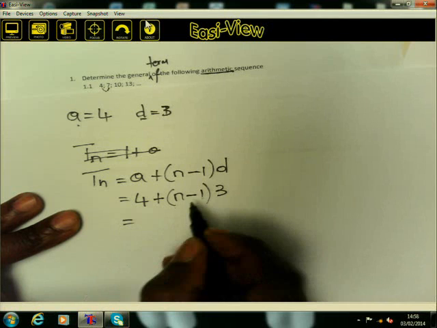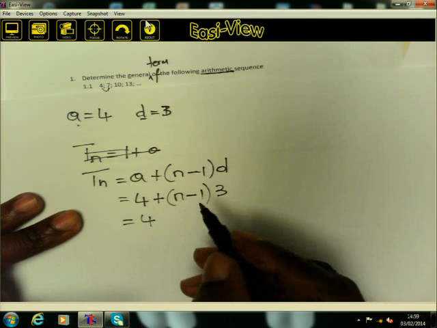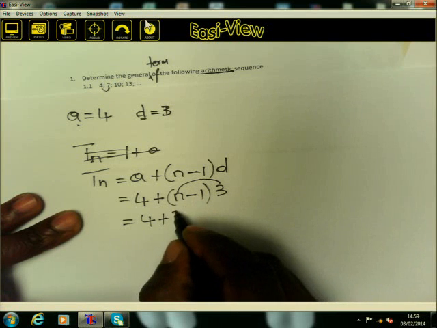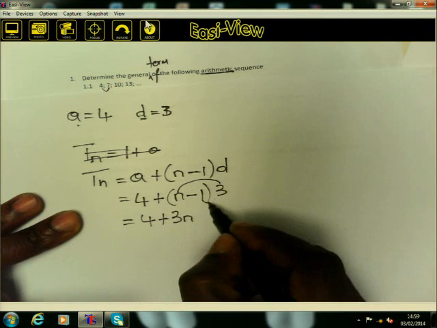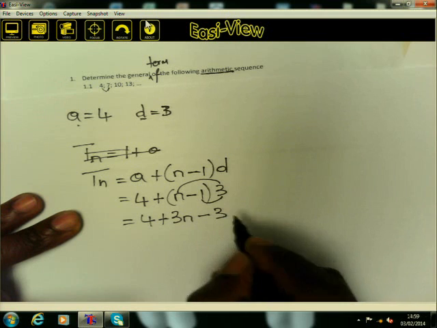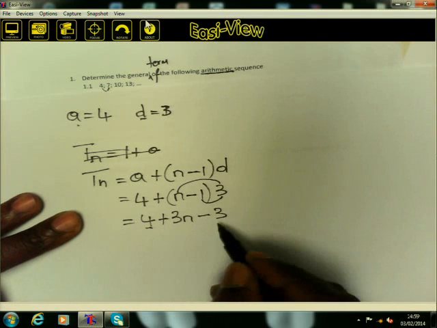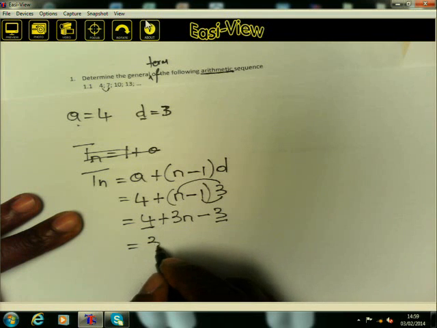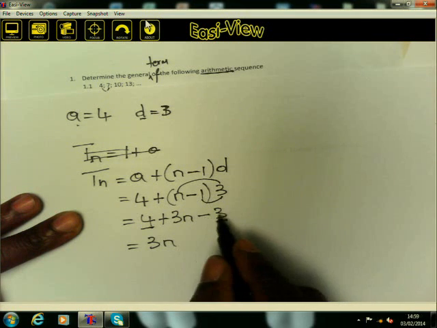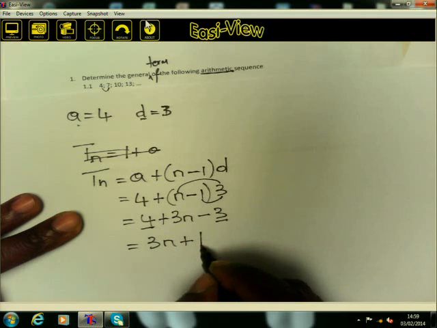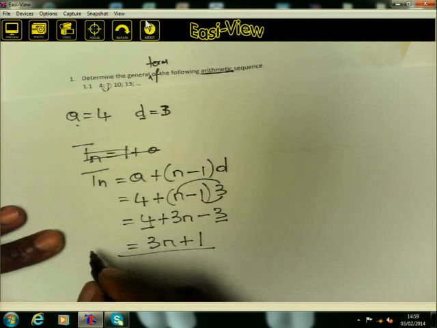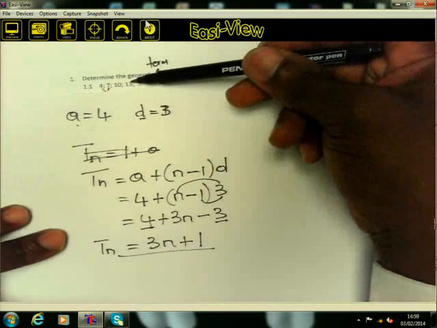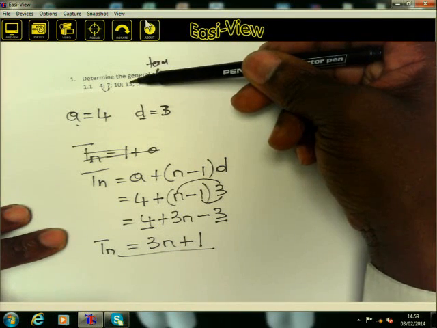Then we multiply into the bracket. This is 4 plus 3n, and then minus 3. So 4 minus 3 is positive 1. Then this one is nothing else but the general term of this sequence: 3n plus 1.